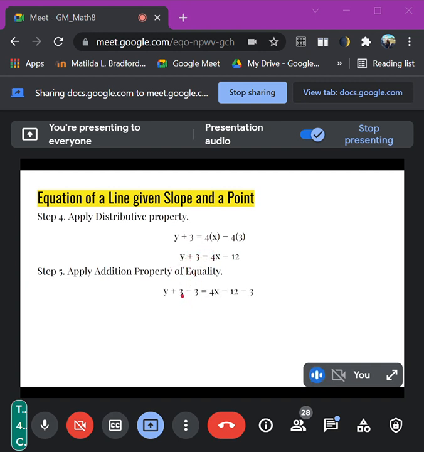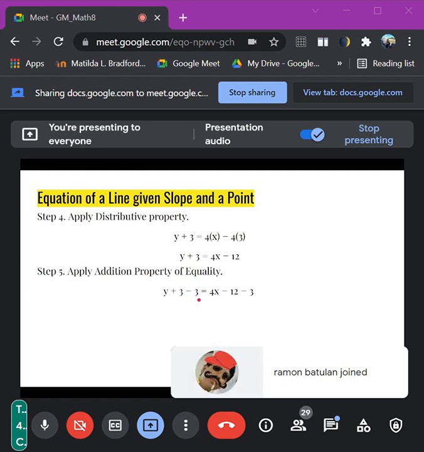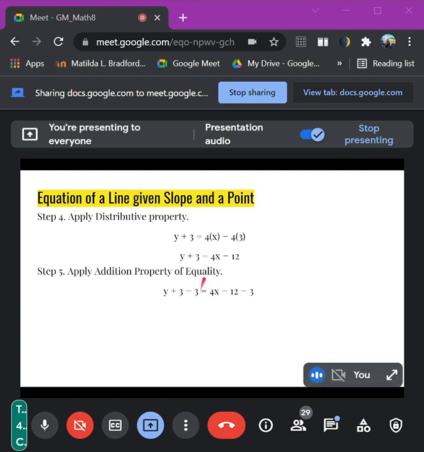So, you have there positive 3, so take the inverse. That is negative 3 to make it 0. Whatever you add on the left side, you can add on the right side, which is negative 3. So, this one will cancel. What remains there is y, and then 4x, and then negative 12 minus 3, that is negative 15.